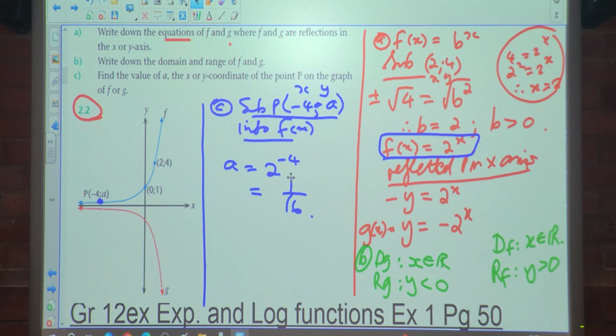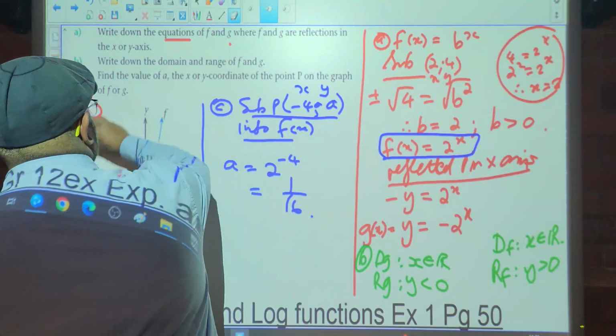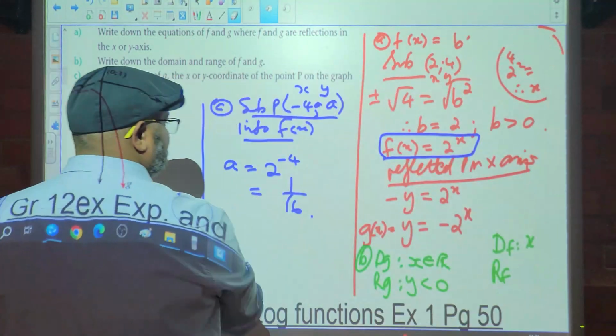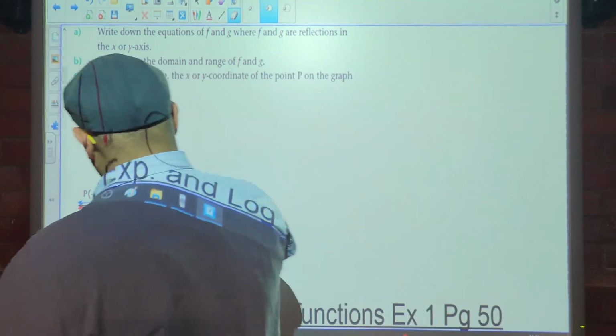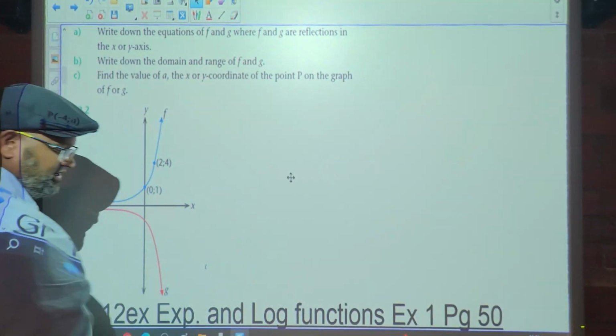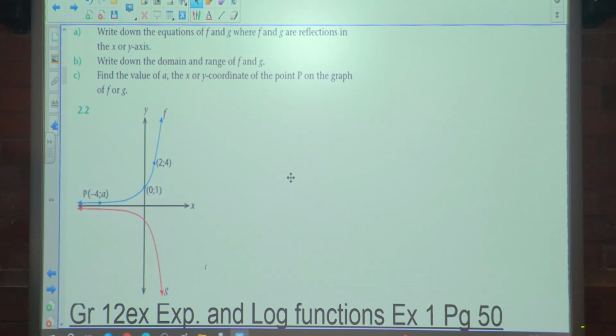Okay, the sums just get easier and easier. And that's why she likes this section, huh? You like easy stuff?